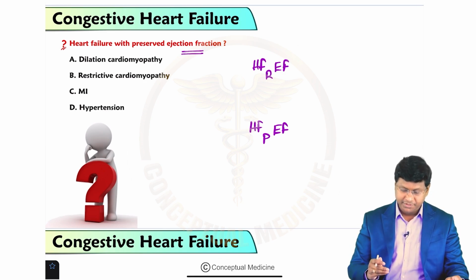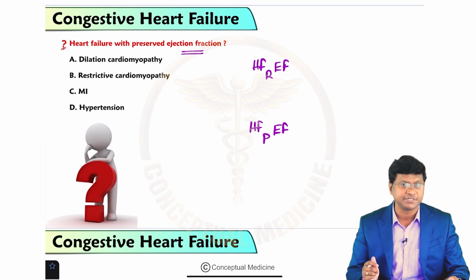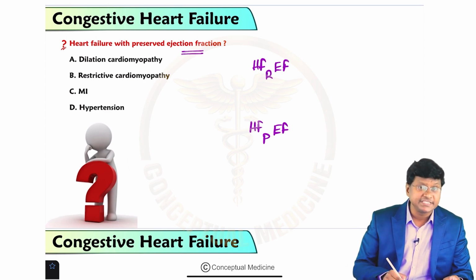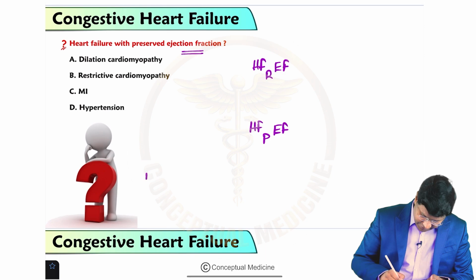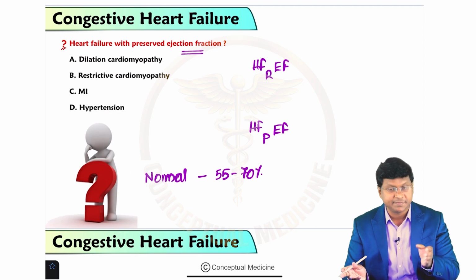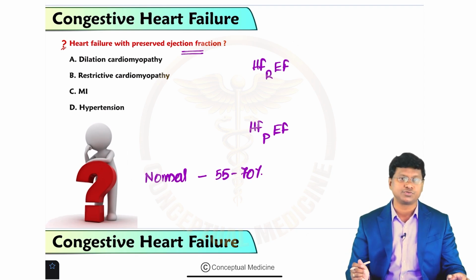The normal ejection fraction will be 55 to almost up to 70%. It is not even 60%, it can be even up to 70%.